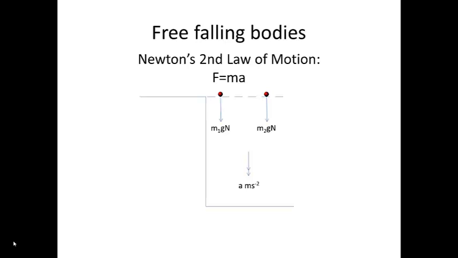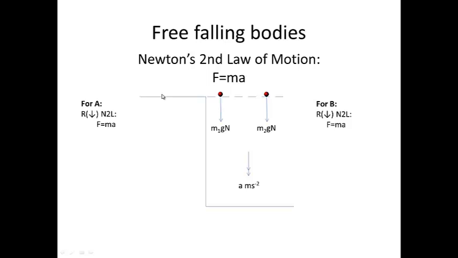So Newton's second law tells us that the force on an object is its mass times its acceleration, F equals ma. So for a free-falling object, ignoring the negligible effects of air resistance, the only force acting on it is the force of gravity. Now let's see.